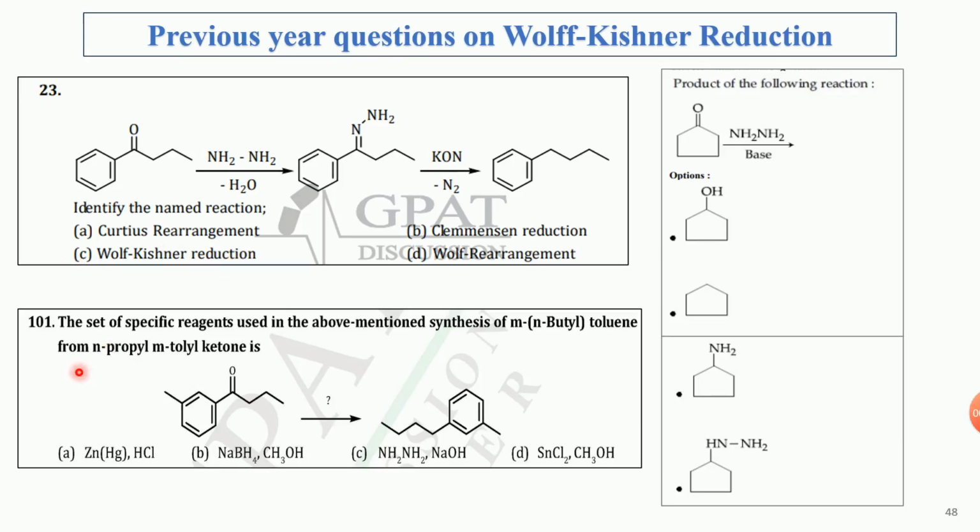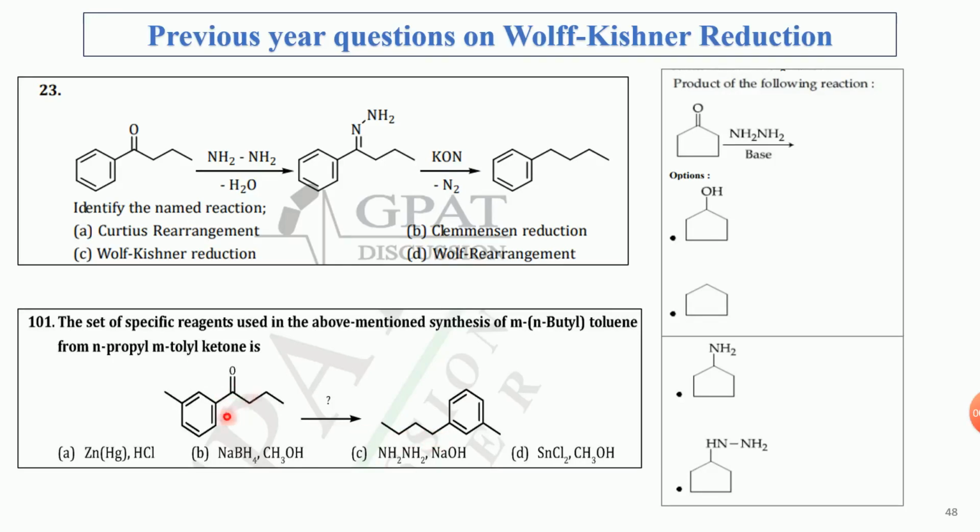In the second question, the starting material and product are given, and which conditions can be used for conversion of this starting material ketone into alkane is asked. Here the carbonyl functional group is converted into a CH2 methylene group.